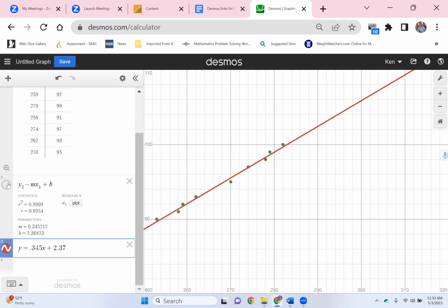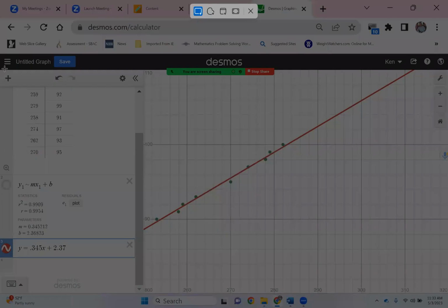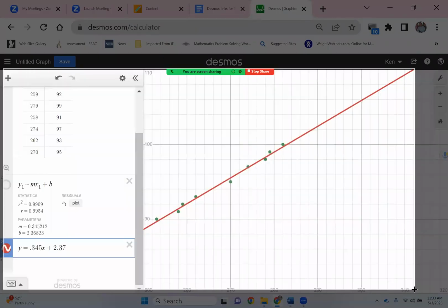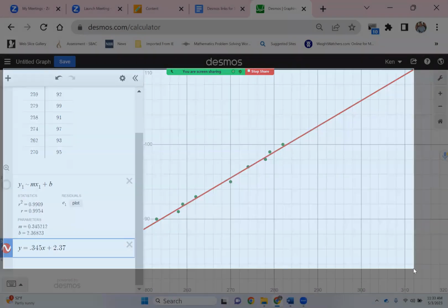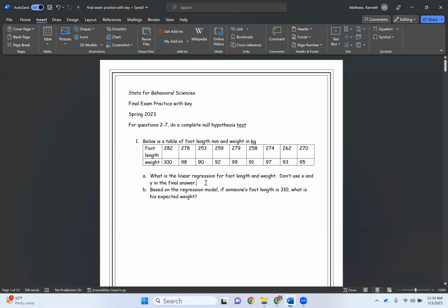Okay, I'll turn this one off so we can see our regression line better. All right, so just to make it easy, I'm going to copy this, and I'm going to go right here and paste it.